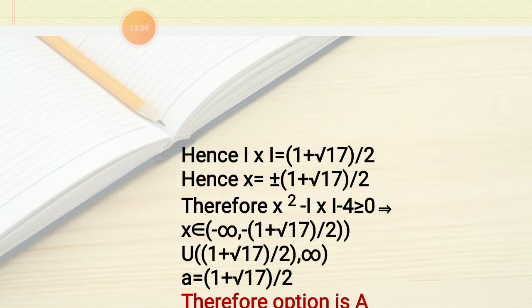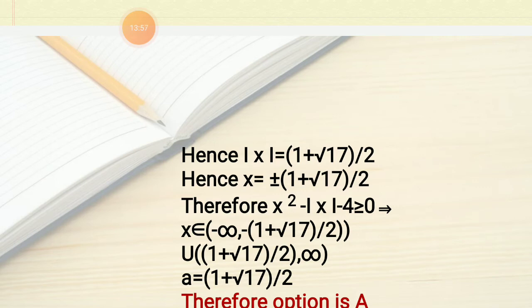The solution can be taken as x belongs to minus infinity to minus of (1 plus root 13) by 2 and the union (1 plus root 13) by 2 to infinity, because for greater or equal to 0 here the value of x does not lie between the roots.